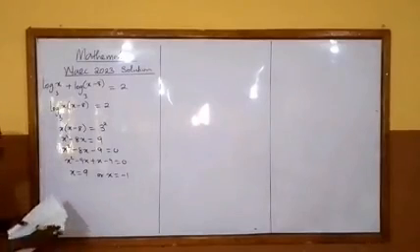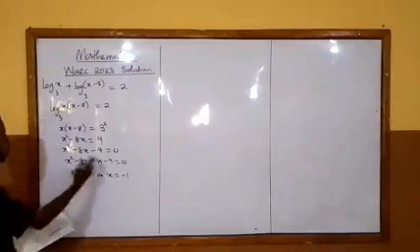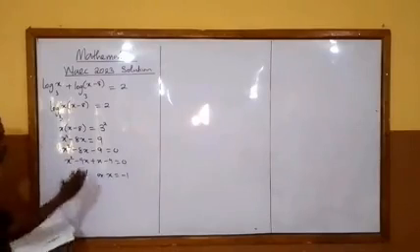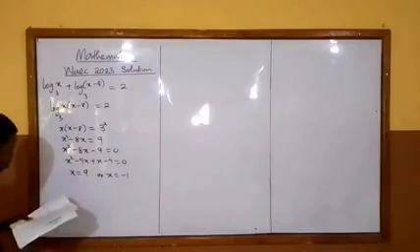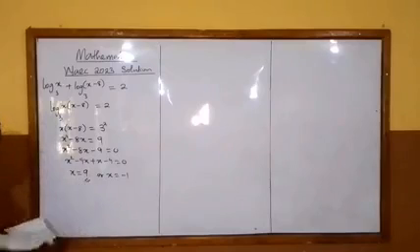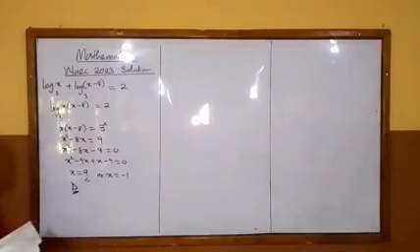Why? Because the factors are minus 9 and plus 1. So from the options, the correct option is x equals 9, which is option D in number 6.